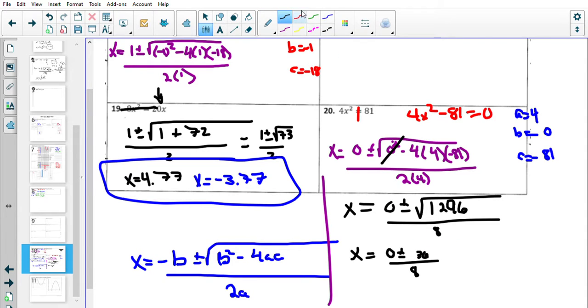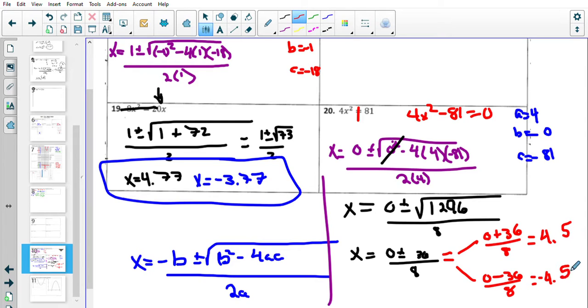So we have two solutions. Solution 1 is 0 plus 36 over 8, and solution 2 is 0 minus 36 over 8. So if we do 36 divided by 8, we get 4.5, so this gives us positive 4.5, and this one gives us negative 4.5.